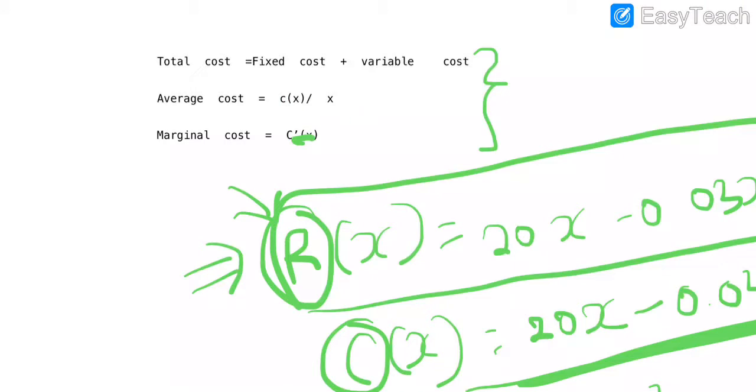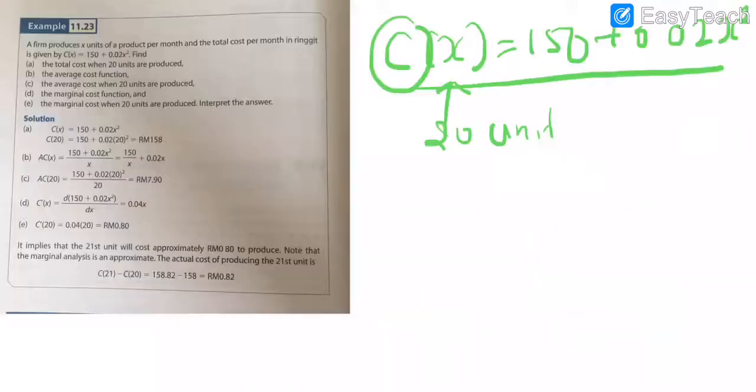As you know that average means divided equally. So the average cost is the total cost function divided by units. This formula you have to remember. During the final exam there will be no formula given.